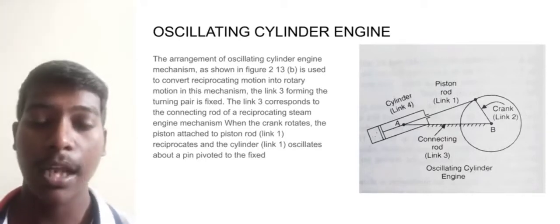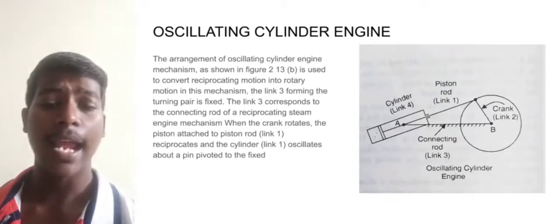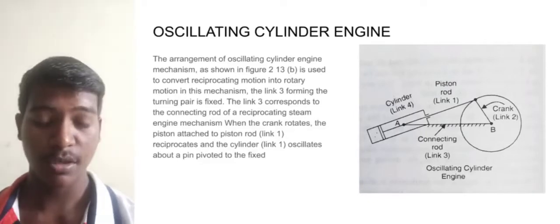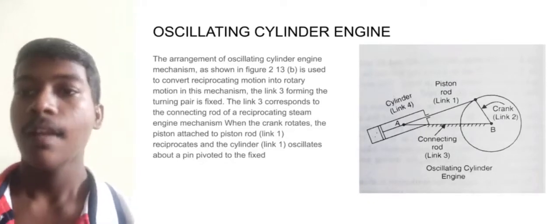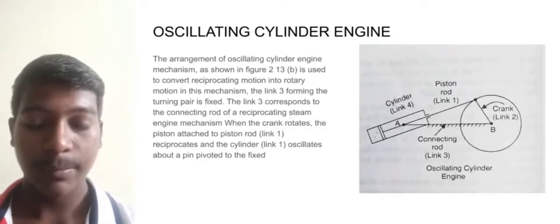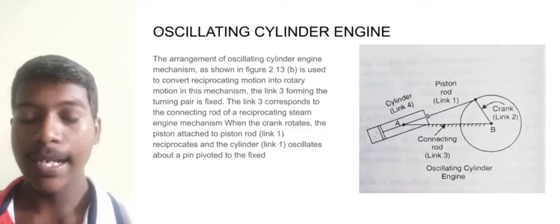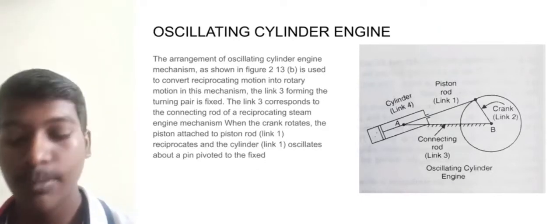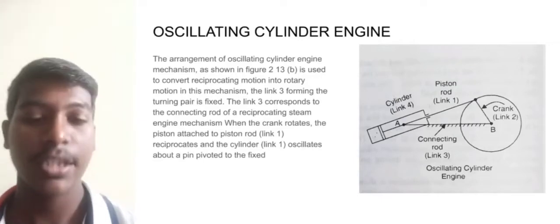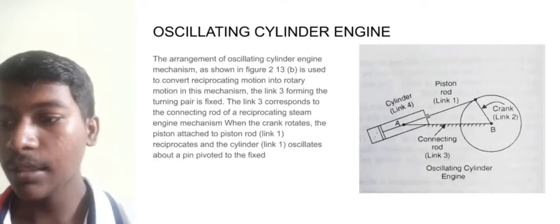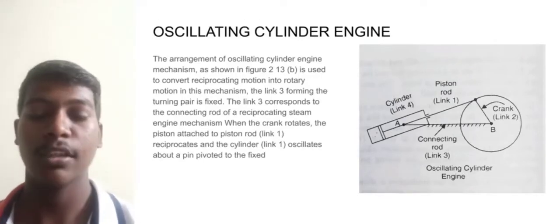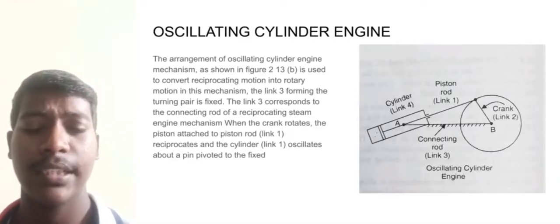The cylinder is pivoted; when the crank rotates, the rotary motion is converted into linear motion, and the cylinder oscillates, fixed to the connecting rod. It is known as an oscillating cylinder engine.